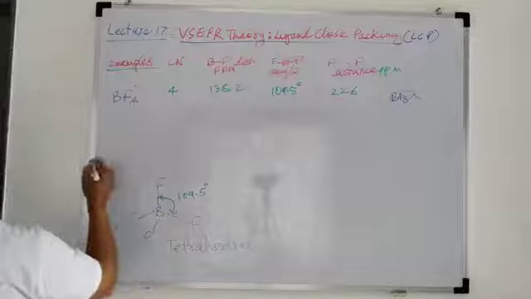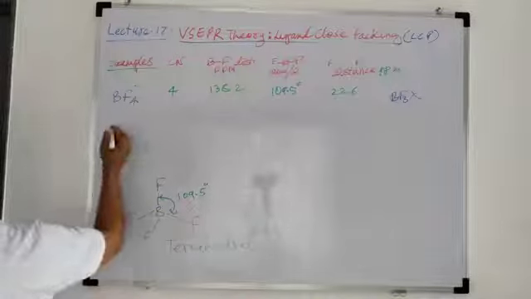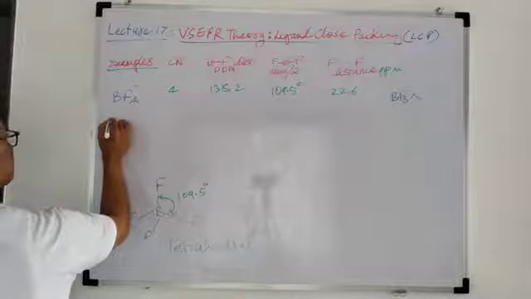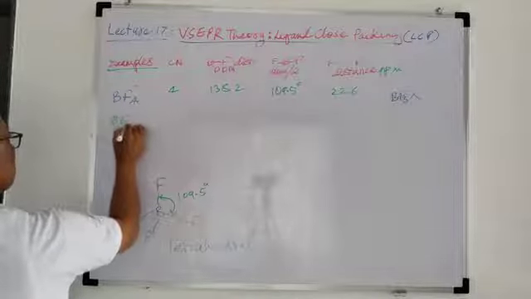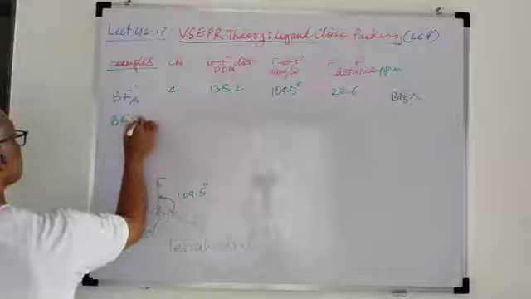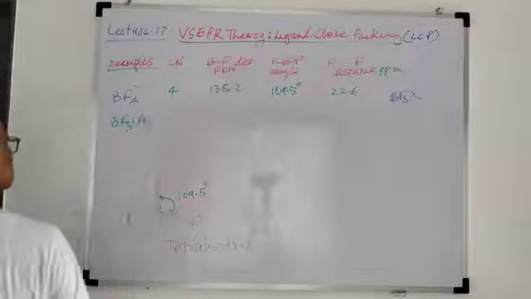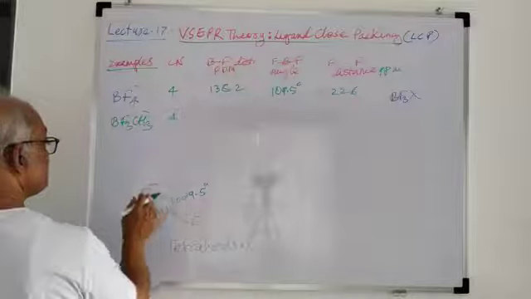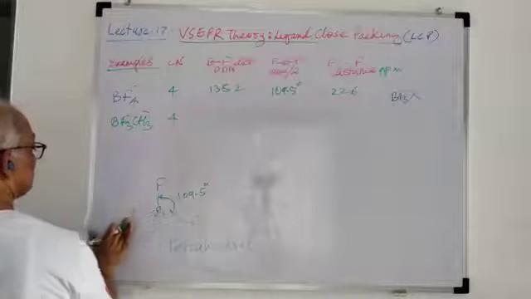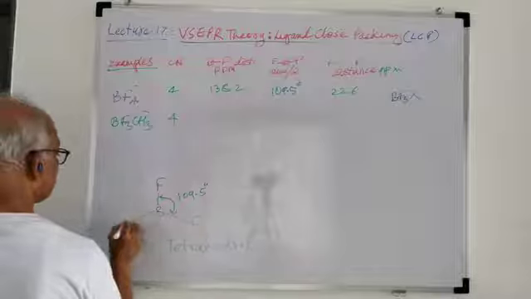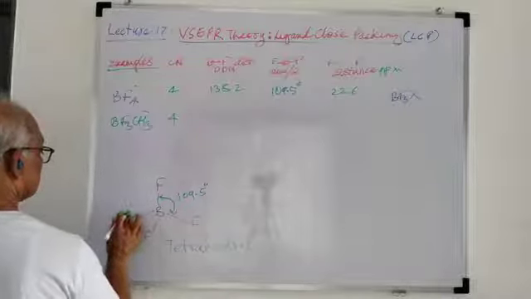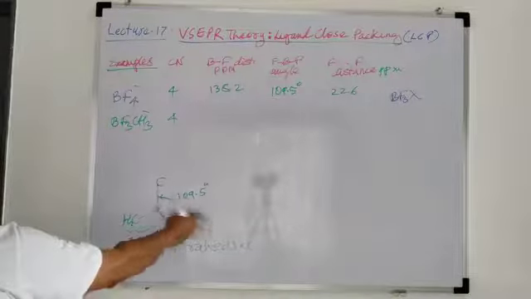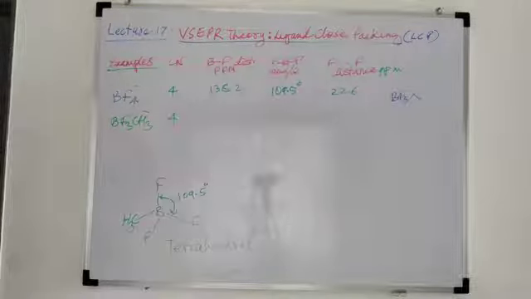Now we will see another example in which we are changing the X. So we will take another example of BF3CH3 minus. Here the coordination number is the same. If we replace any one by CH3, then it will have an effect on these remaining fluorines.